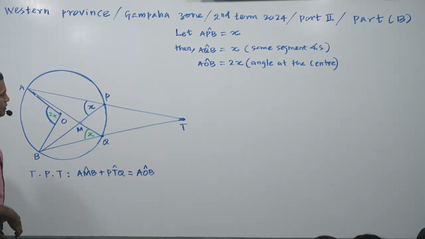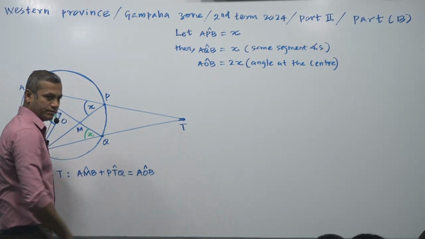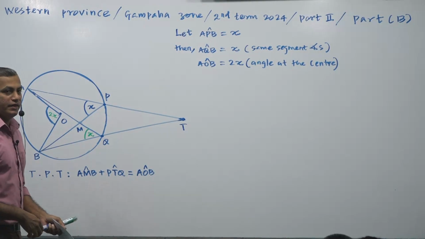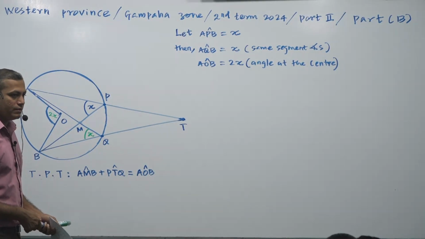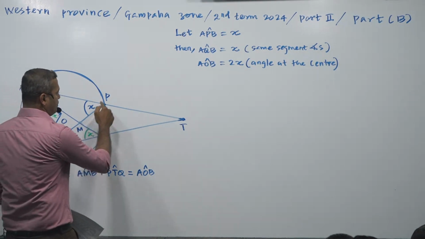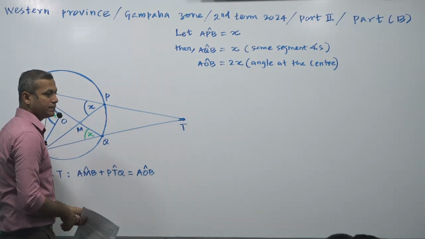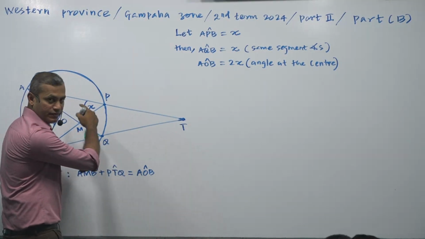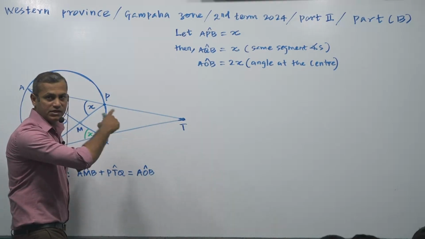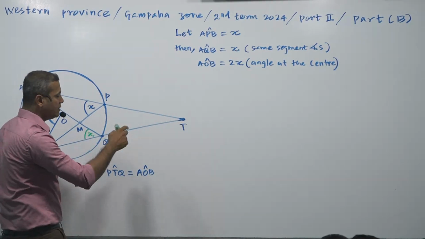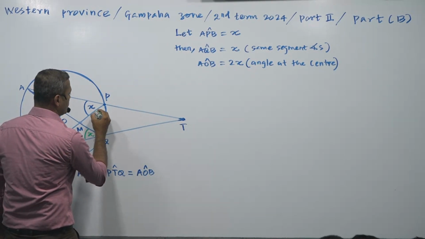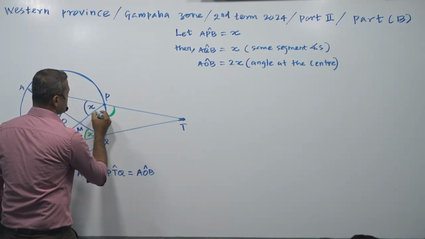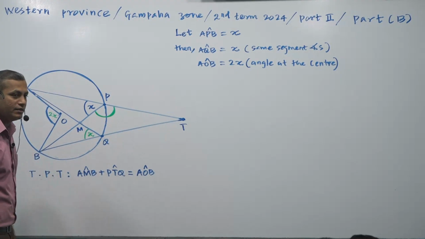Then what can you say about MPT in terms of x? APT is a straight line. Then what can you say about MPT in terms of x? 180 minus x.